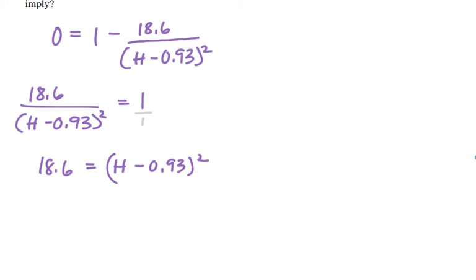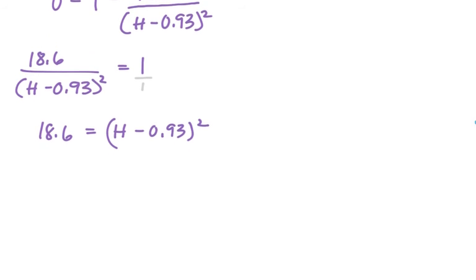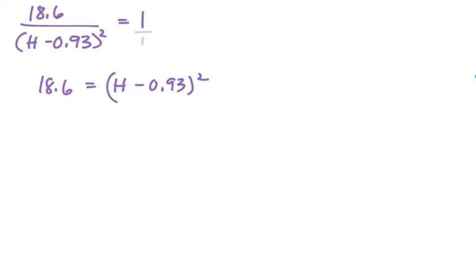At this point, we're dealing with a quadratic equation. Now, we can FOIL this out, and we could use the quadratic formula if we wanted. But since it's already in factored form, I'm going to use my square root principle here. So I'll square root both sides. The square root of 18.6 equals h minus 0.93.